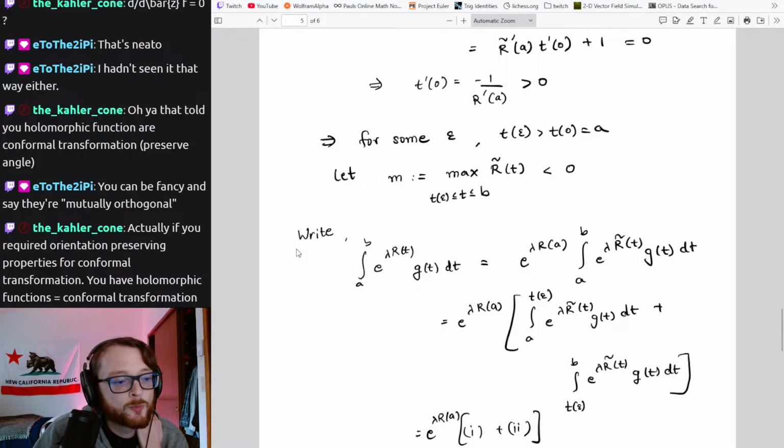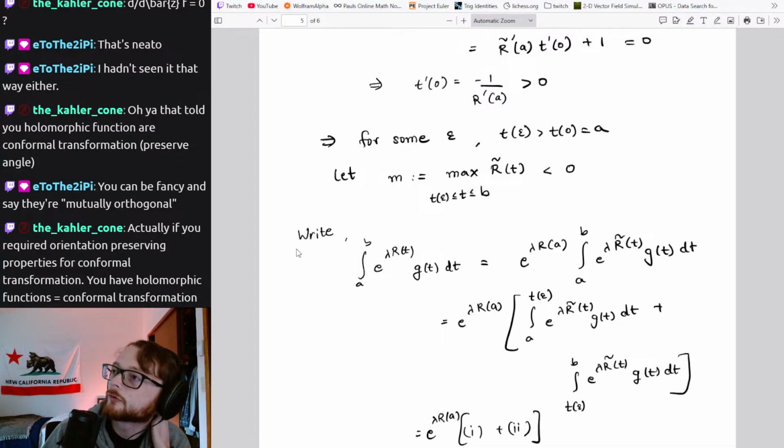You required orientation preserving properties for conformal transformation. Holomorphic functions are conformal transformations, if they preserve orientation.